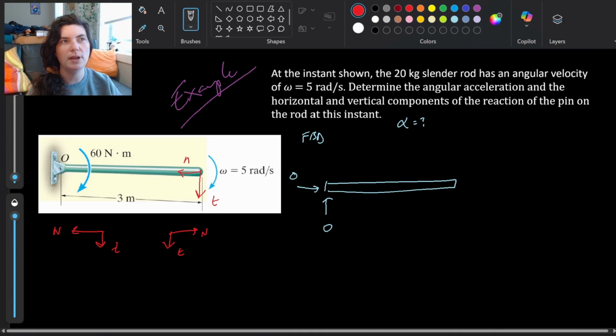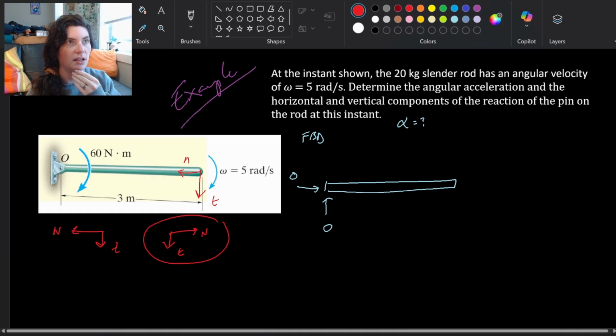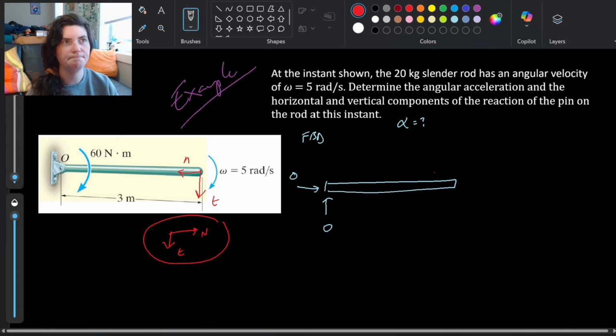So that would make a little bit more sense to do it that way. And maybe I'll use this one instead. Again, you can set it up in a way that makes sense to you, but I'm going to go ahead and use this right and down system for my normal and tangential.